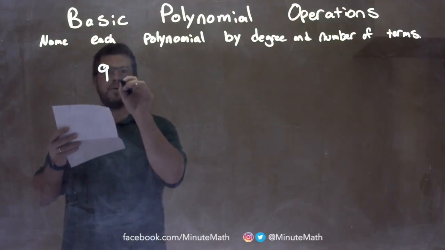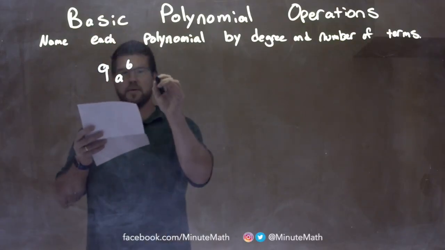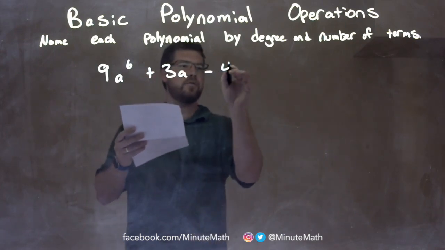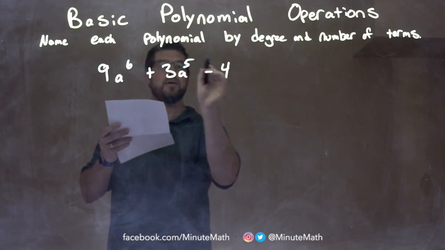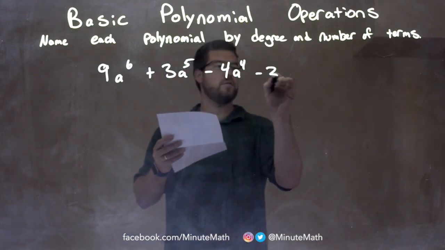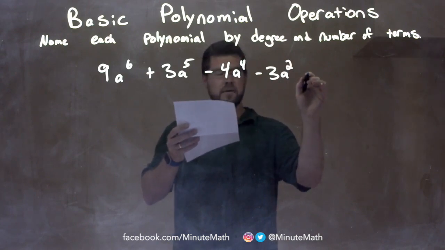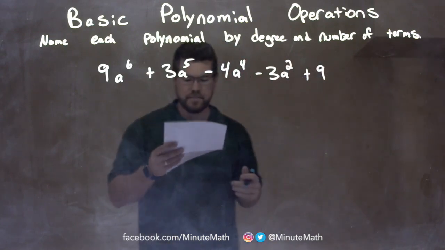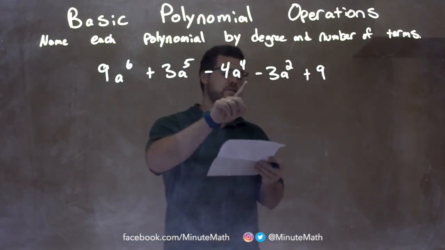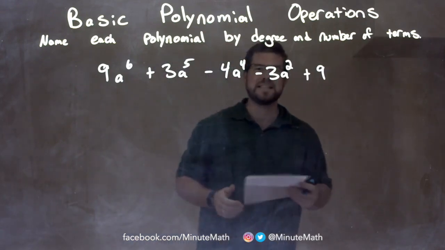9a to the 6th power plus 3a to the 5th minus 4a to the 4th minus 3a squared plus 9.